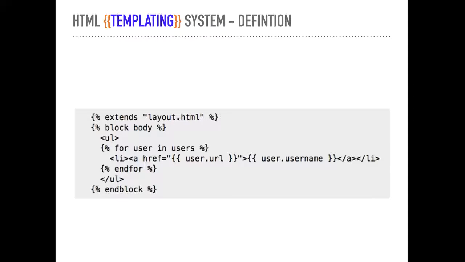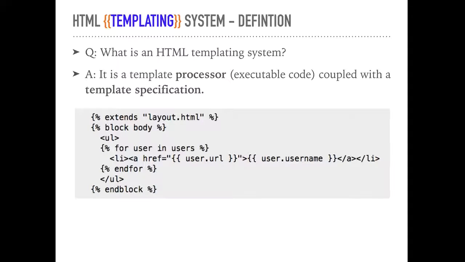So this is a new abstraction layer to connect our model to the view. And this is just a Jinja example that's used in Python. But we say that a templating system is composed of a processor, which is just executable code. So in our case, what we're concerned about is the Handlebars library.